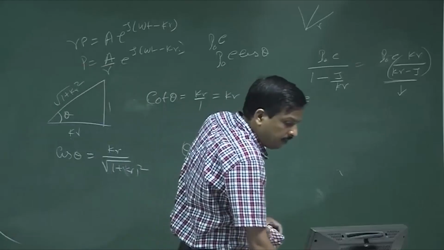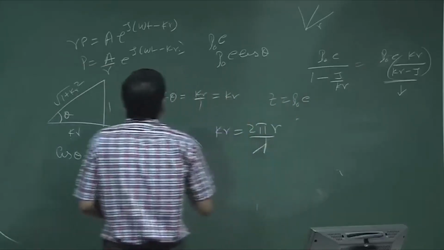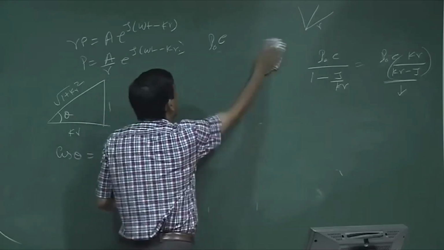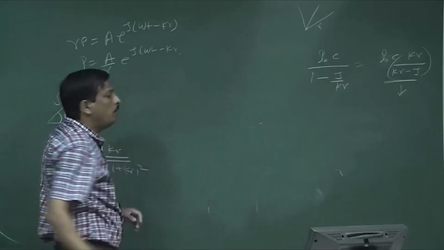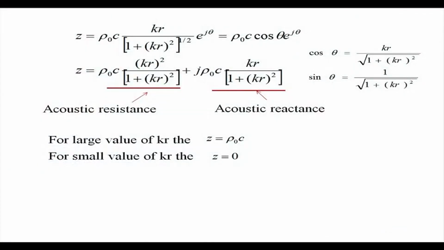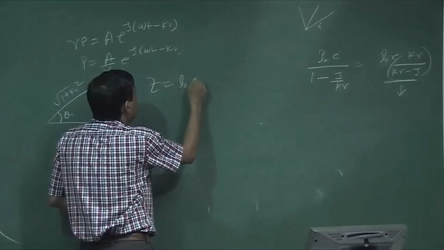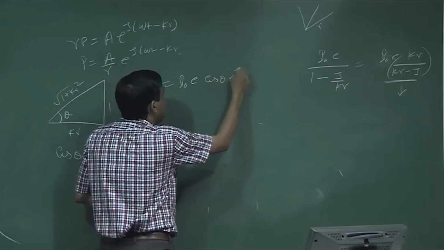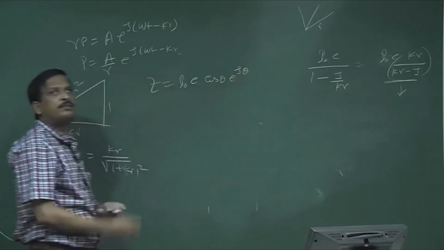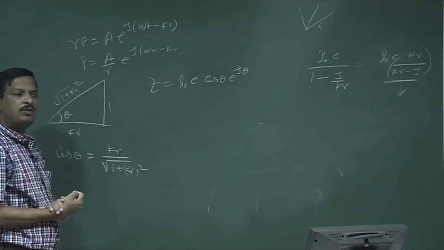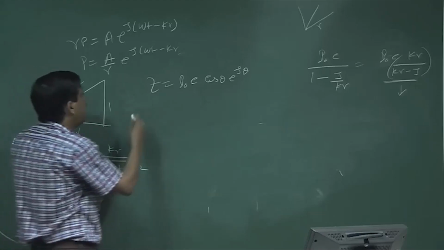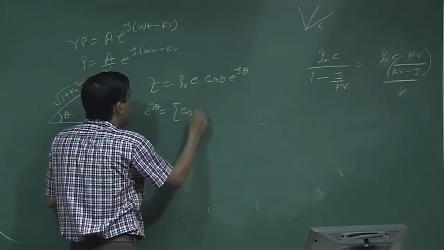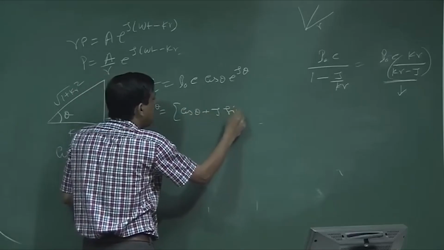Now, I can express z in other terms also. You have seen that z is a complex function, so it is a 2 parameter function. So, z is nothing but rho 0 c cos theta e to the power j theta. Now, what is e to the power j theta? It is nothing but cos theta plus j sin theta.